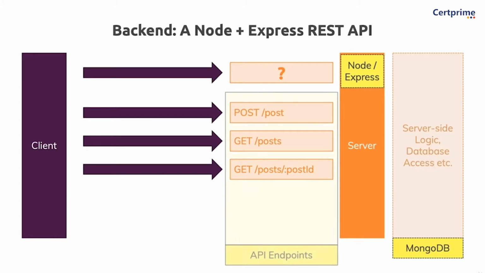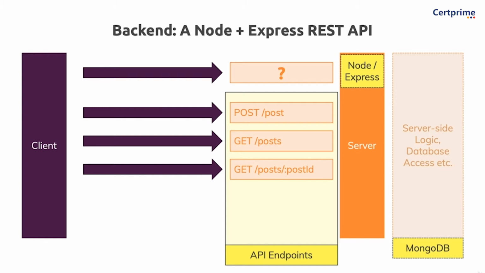These are our so-called API endpoints, and as I mentioned multiple times, it's up to us, the developer of the Node-Express REST API, to decide which endpoints we want to support, and then upon getting a request on such an endpoint, we run some server-side logic to do whatever we want to do, for example, to reach out to the database and then store data there, get data from there, and so on.